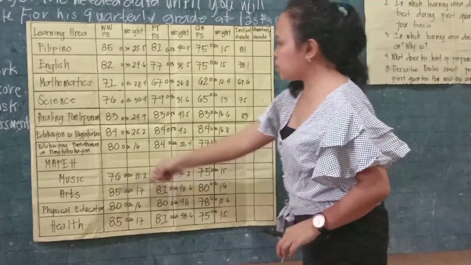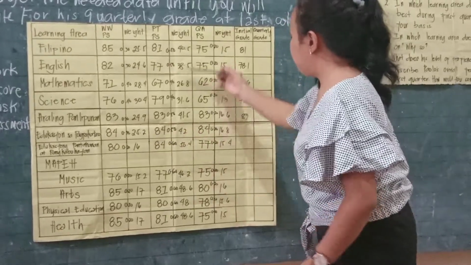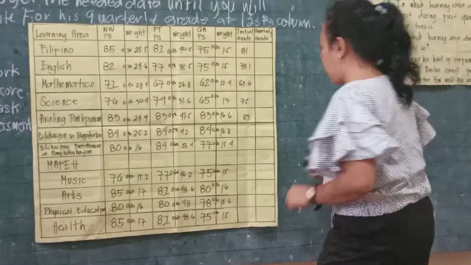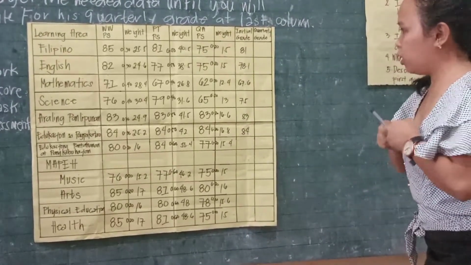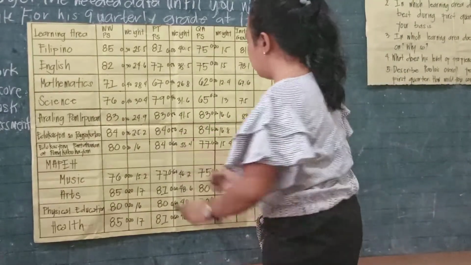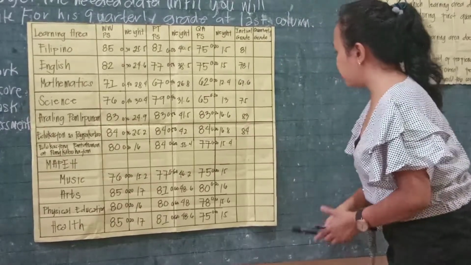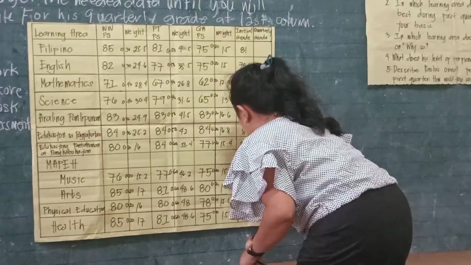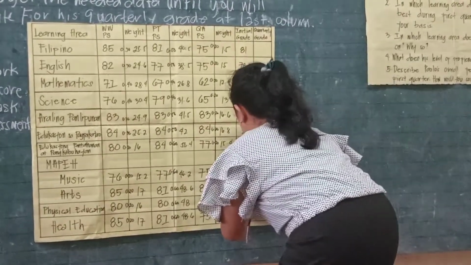Next is Edukasyon sa Pagpapakatao. We have 25.2 plus 42 plus 16.8 equal to 84. Next, Edukasyong Pantahanan at Pangkabuhayan. We have 16 plus 50.4 plus 15.4 is equal to 81.8.